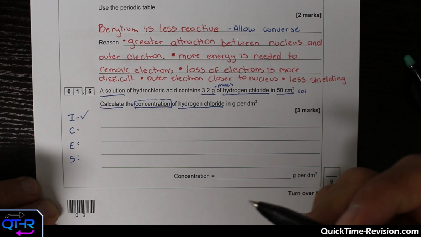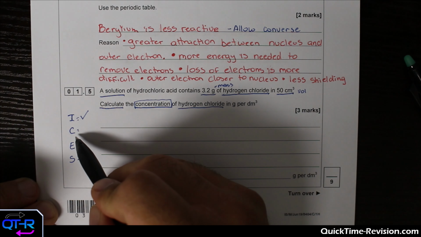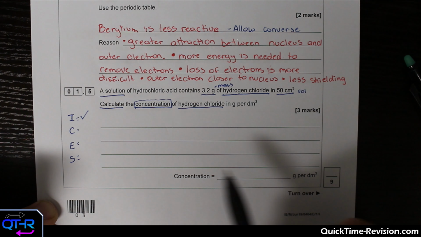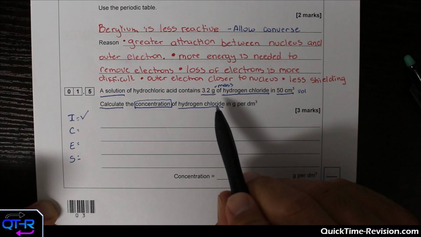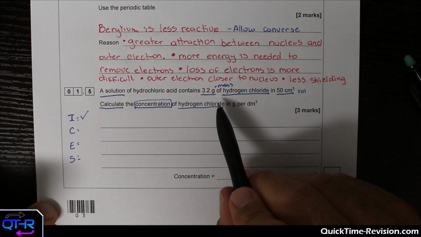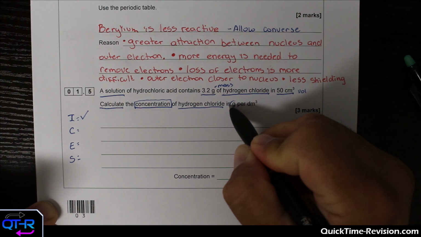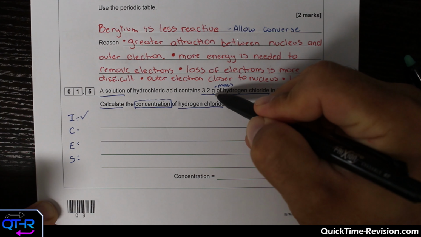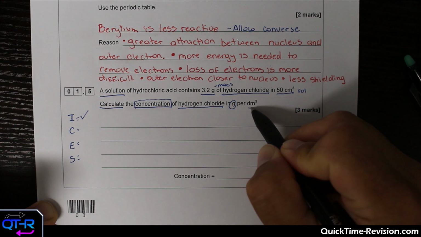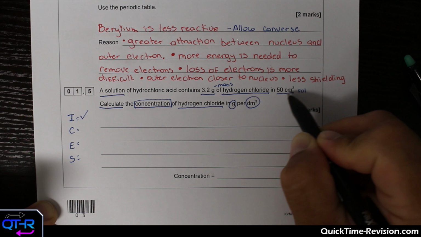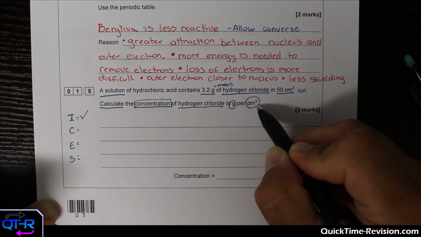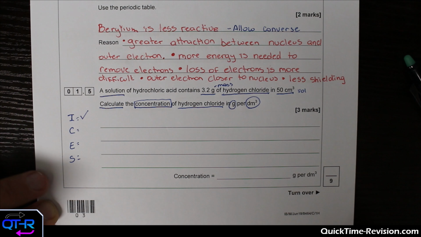Now, before I go into the equation, the C stands for conversion of units. At the moment, the only thing I might need to convert is the volume, because they're asking me to give my answer in grams, which is already in grams, and decimeters cubed. So I need to change centimeters cubed into decimeters cubed, and that's going to be my first mark.